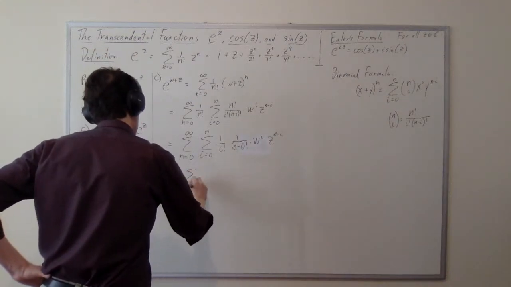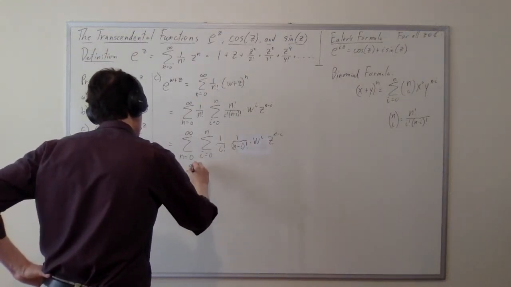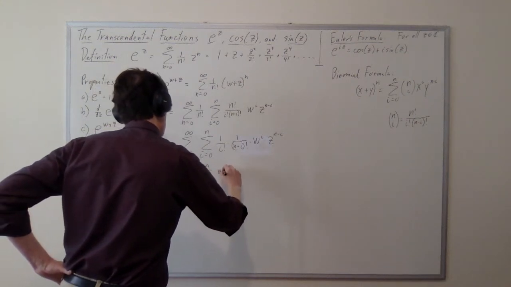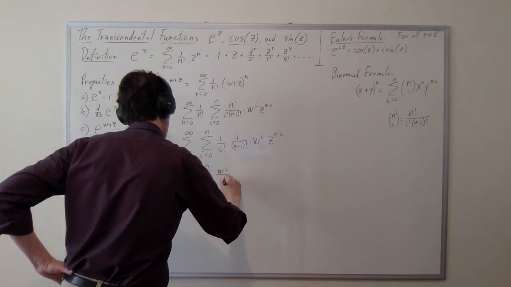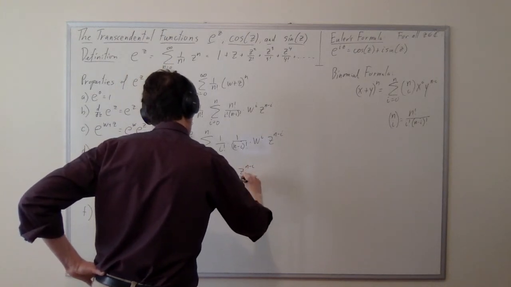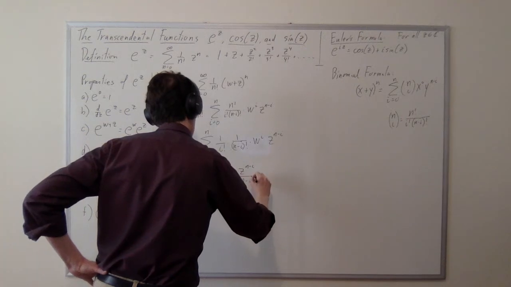So let's just rearrange slightly so that it's a little bit more obvious what's happening. This is the summation I equals 0 to n of w to the I over I factorial times z to the n minus I over n minus I factorial.